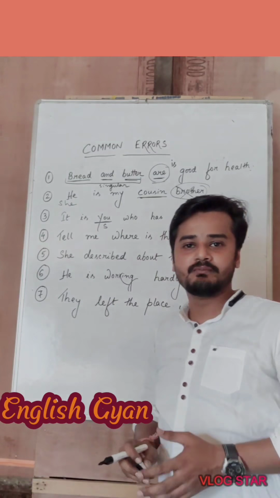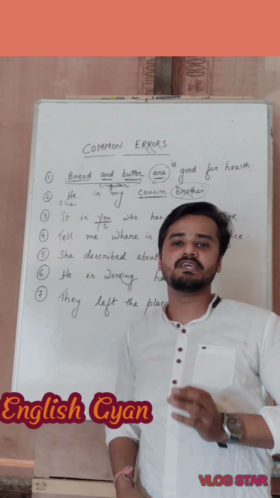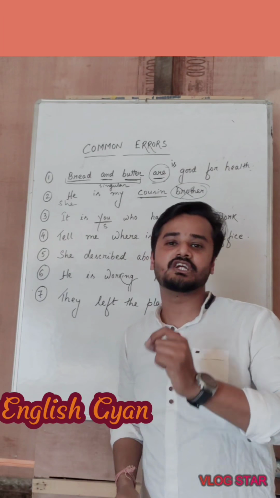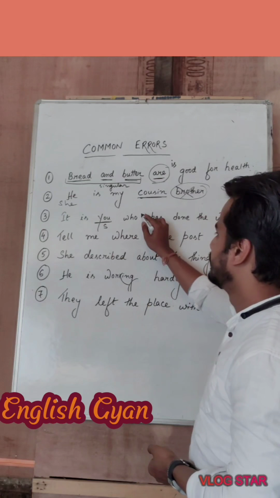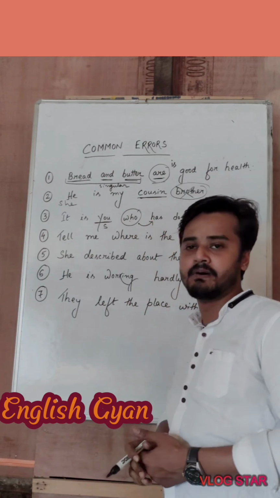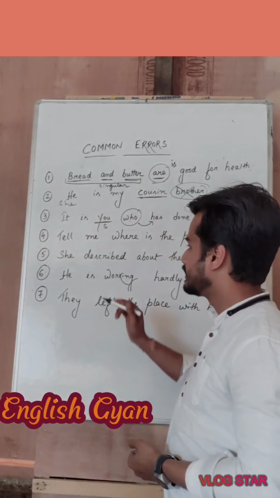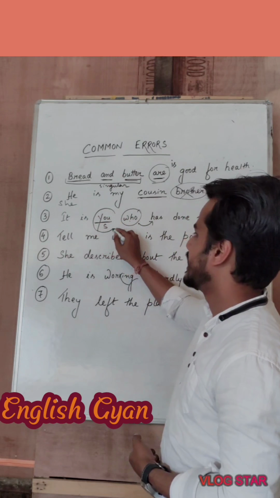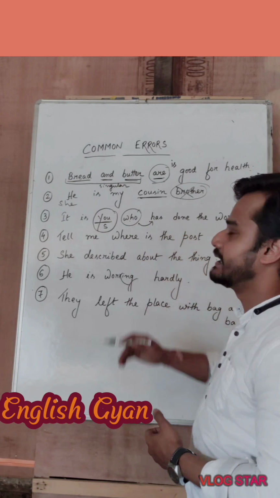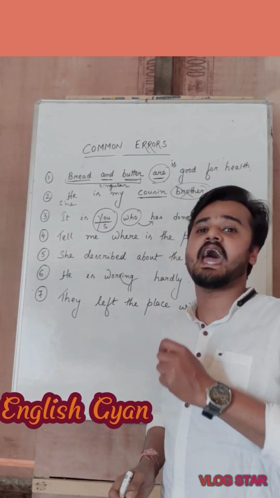We must know that whenever we use an auxiliary verb, we use it in relation to the subject. So we have used has here by following the word who, but it is not correct. We must follow the subject of this sentence, that is you, and we generally don't use has with you, we use have.